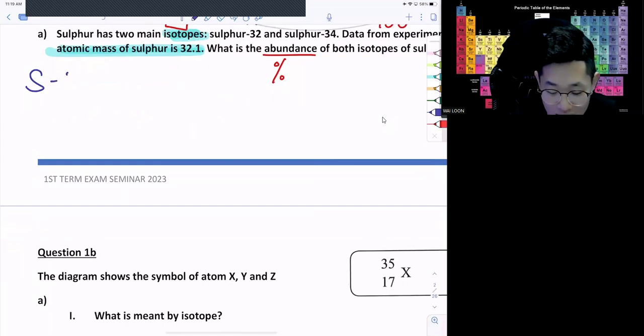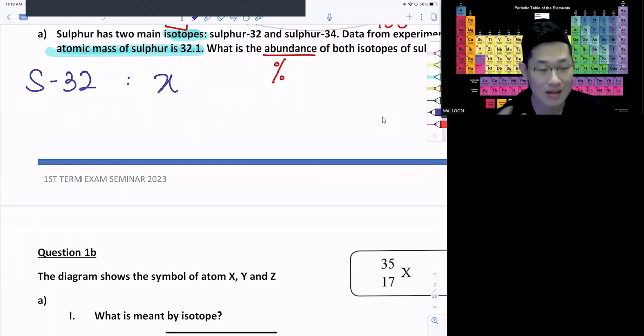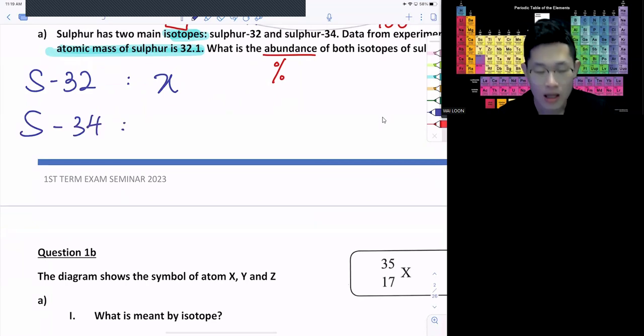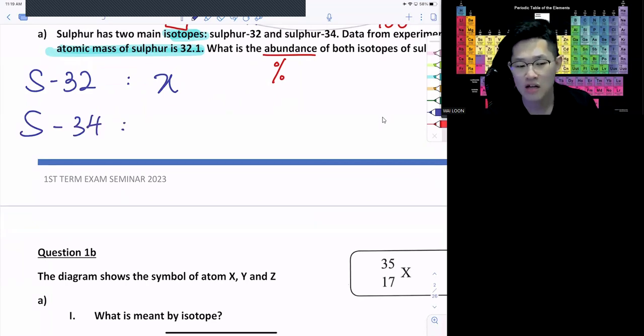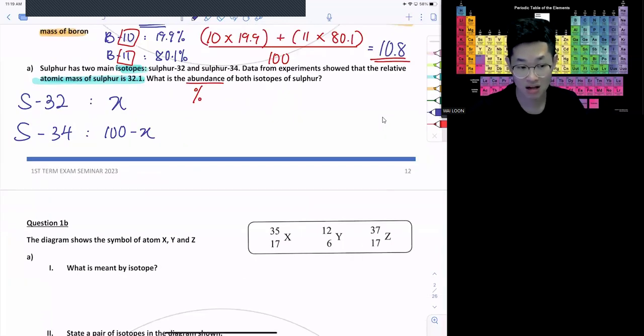Okay, so in this case, this is how you do it. Sulfur 32, I do not know how many percent. Let's put it as X percent. I have S34, and the percentage of the S34 must be 100 minus X. Do you agree? Agree, right?